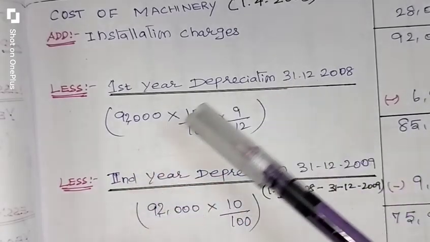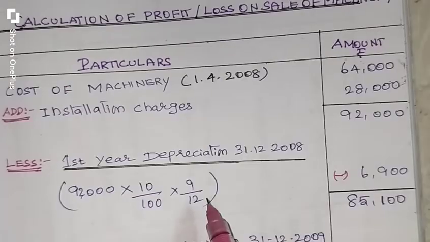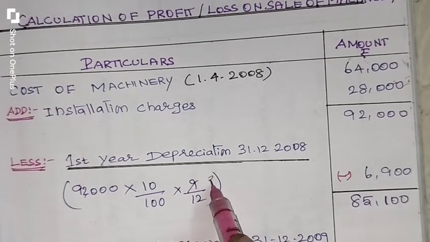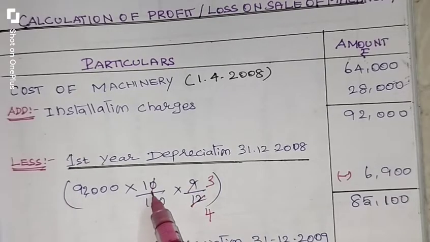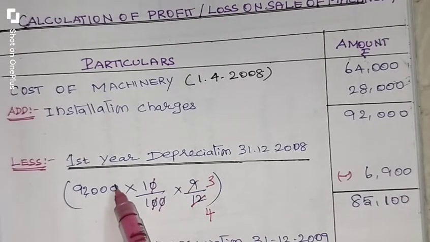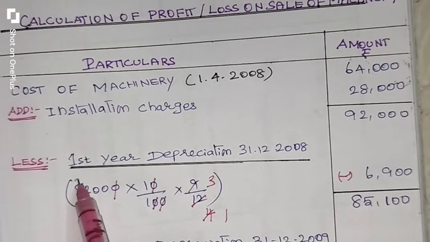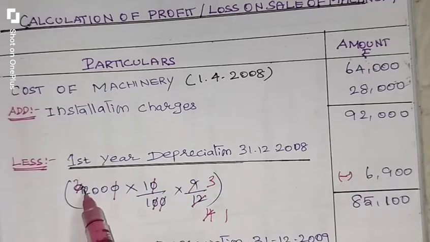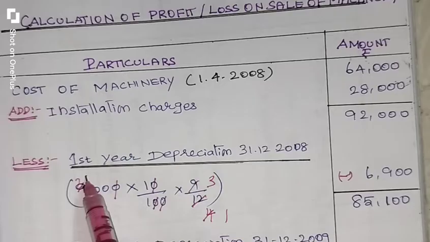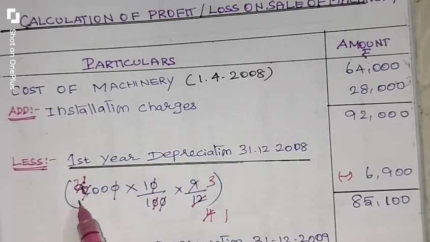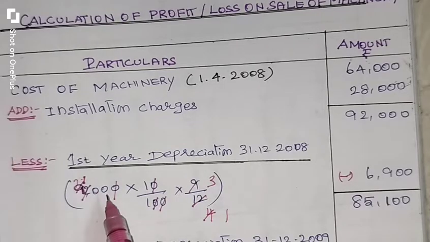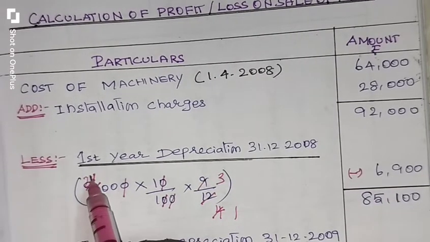Okay, so you have to cancel this. 3 3s are 9, 4 3s are 12, the zeros cancel. 4 3s are 12.